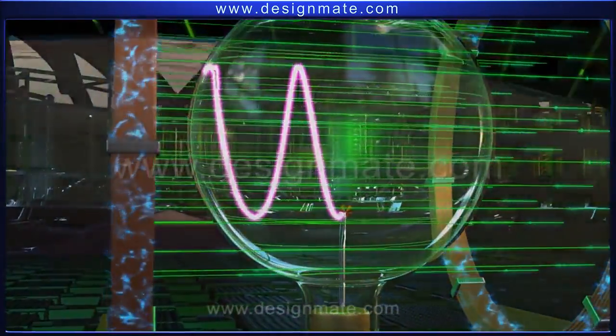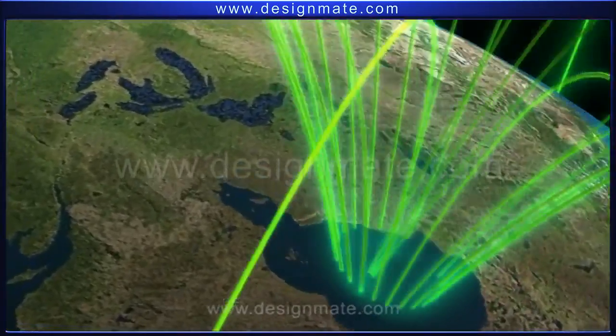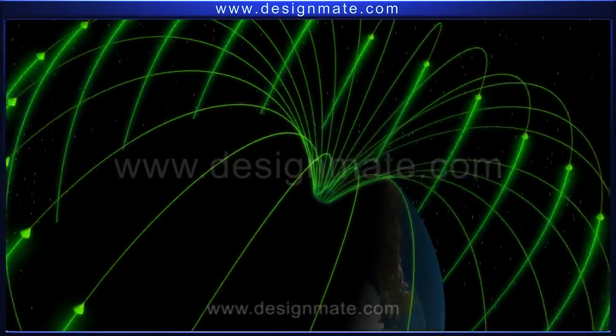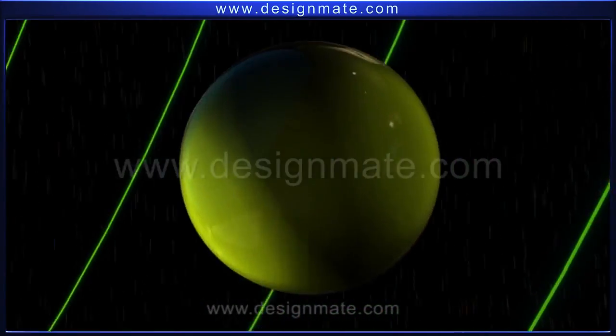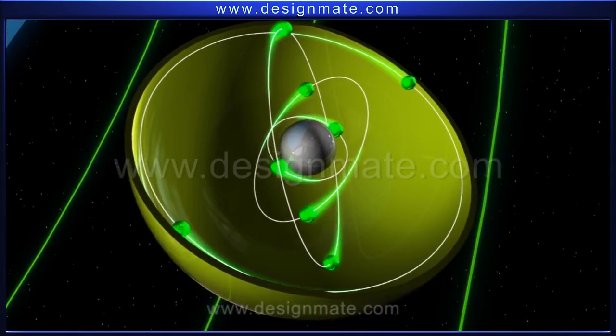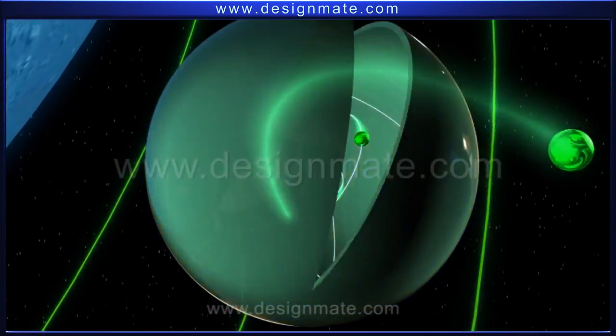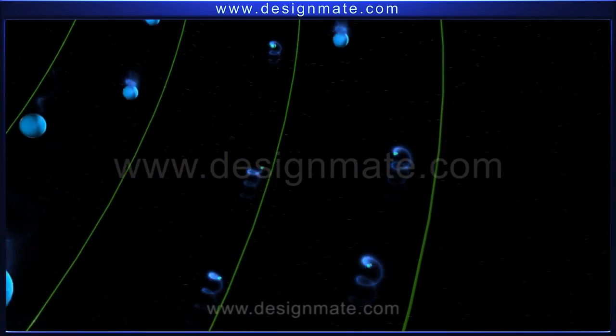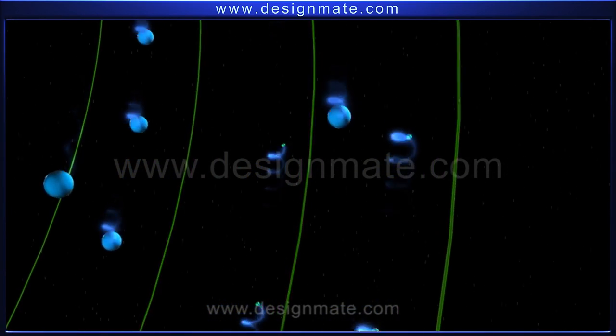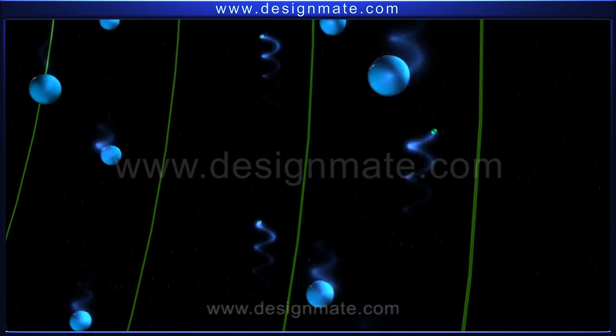Let us now consider the question we first posed about the ionosphere. We know that the Earth has its own magnetic field. When air particles are ionized, ions and electrons are produced. And the Earth's magnetic field does not let them escape from the atmosphere and traps them, as explained earlier.